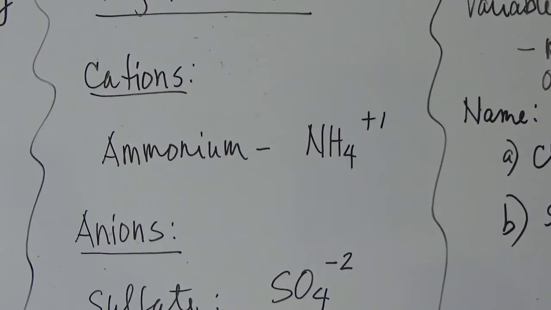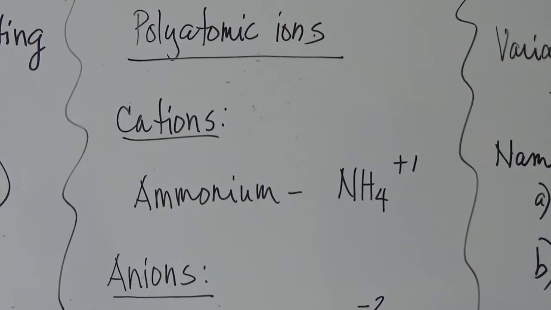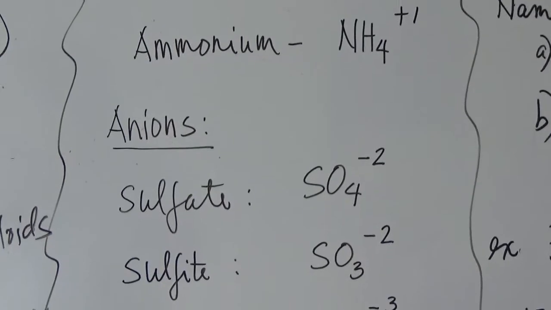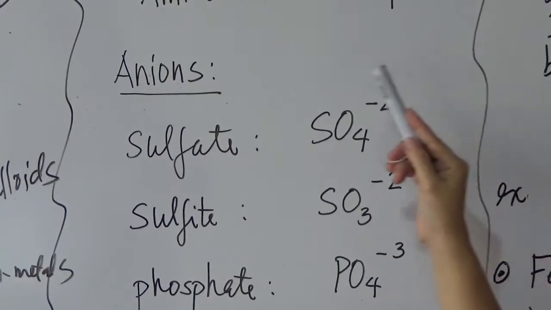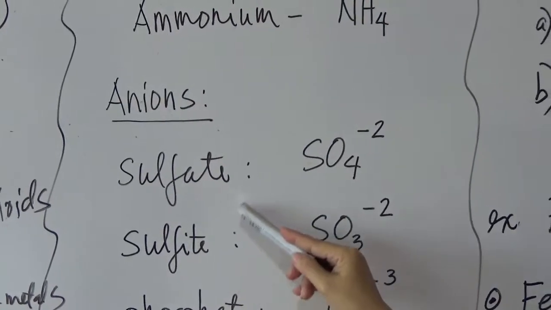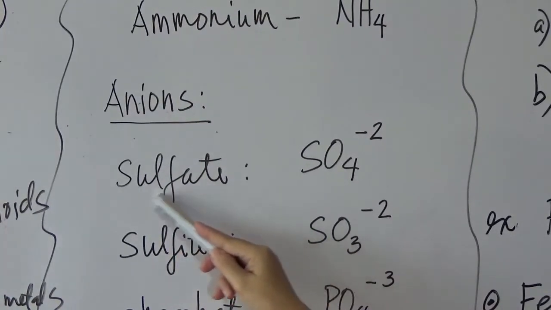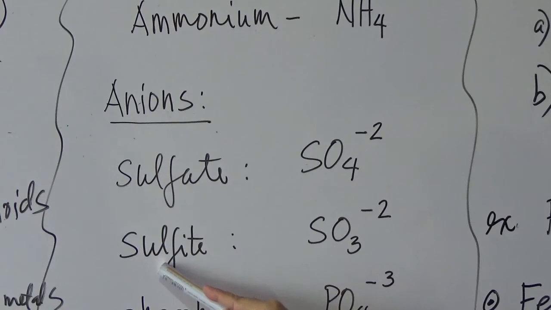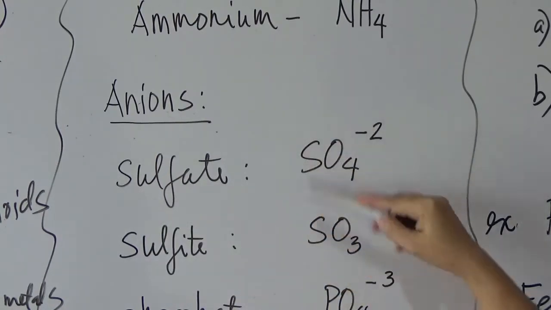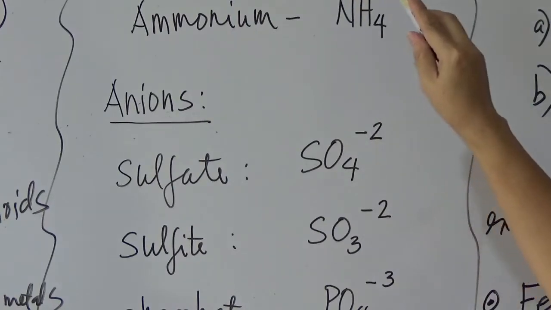So this is the common one for cations, positively charged. Mostly they are monoatomic ions. For anions, we have here sulfate, sulfite. Take note, the suffix here is SO4. Okay, SO4. So anions with more than one element in it are polyatomic ions.